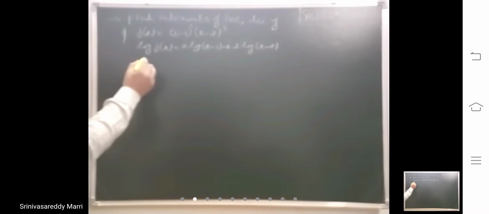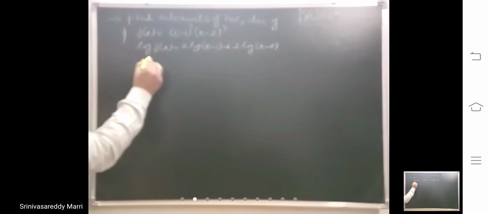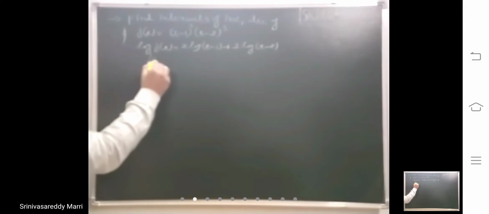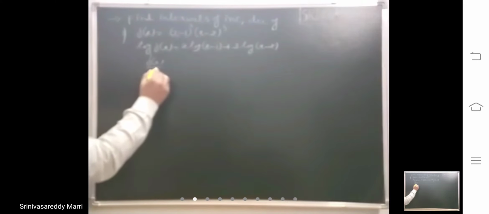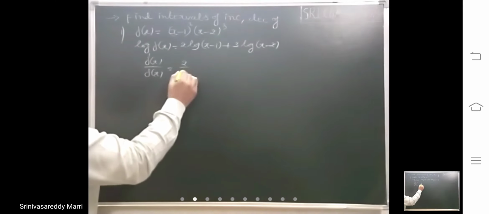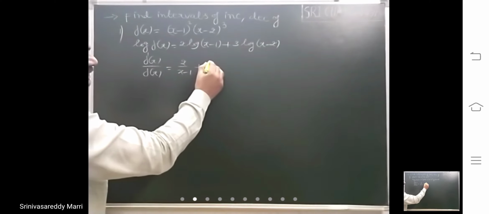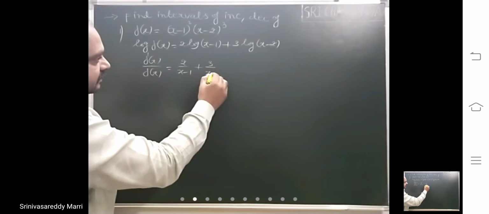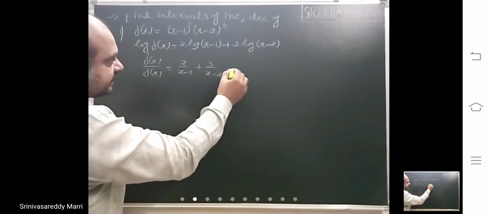Right? So this is nothing but 1 by f of x into f dash x equals 2 by x minus 1 plus 3 by x minus 2.